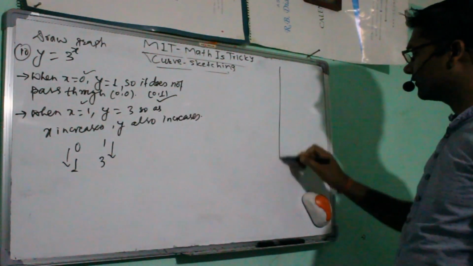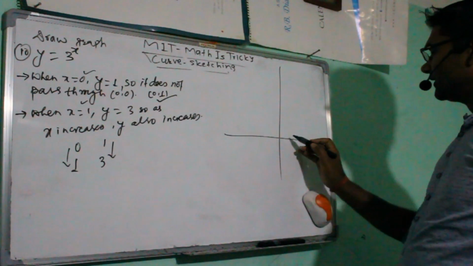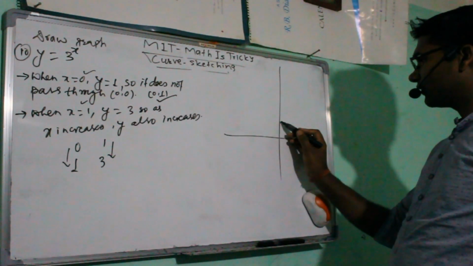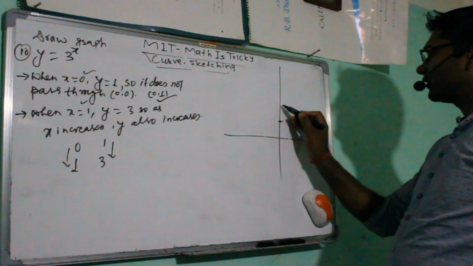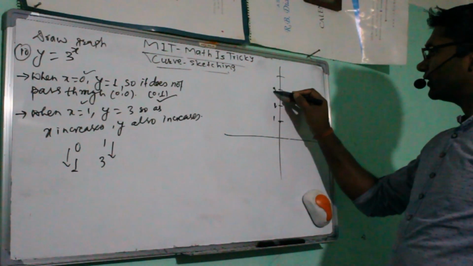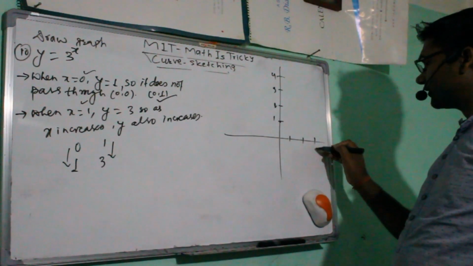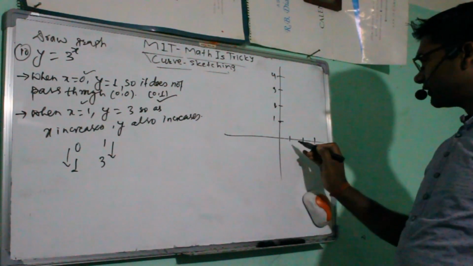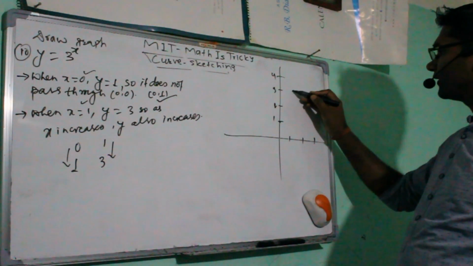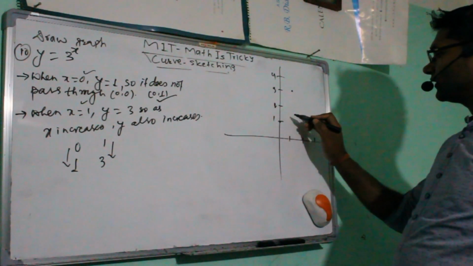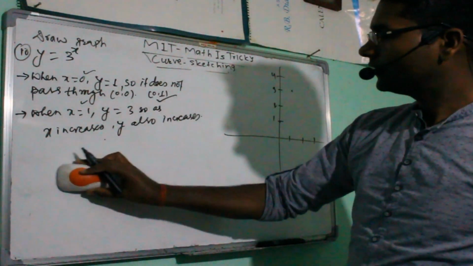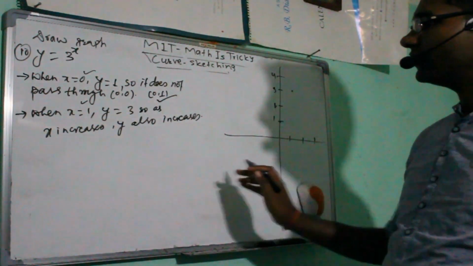So let's talk about what is happening here. For x equals 0, y is 1, and for x equals 1 it is 3. 3 is here. Now let's put here one negative value.